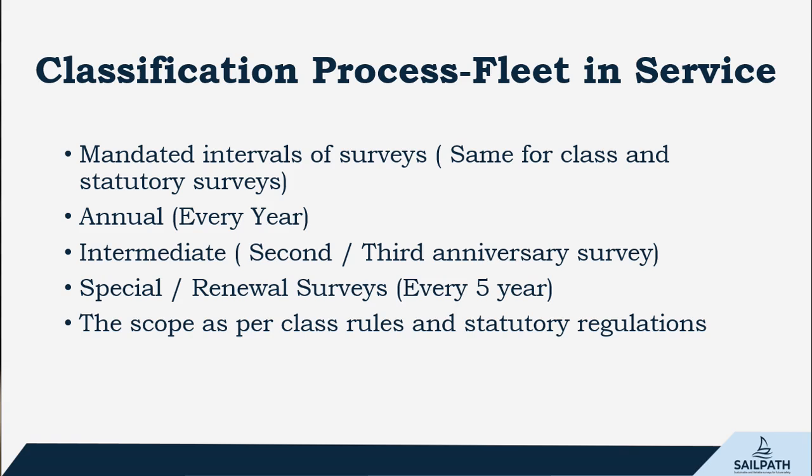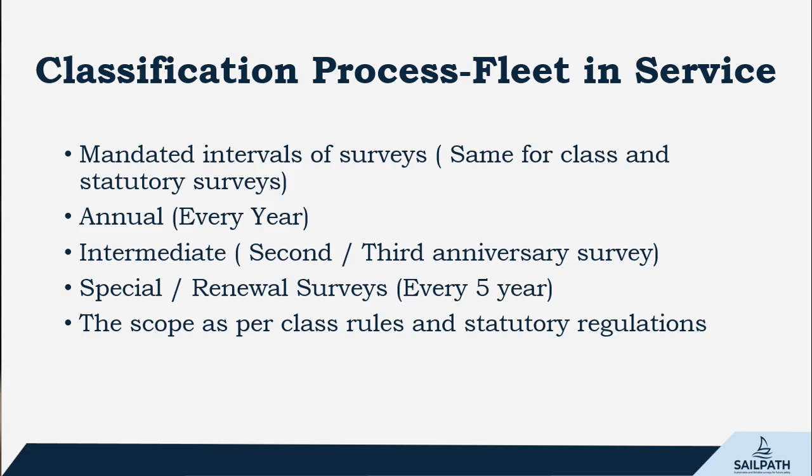While in the case of fleet in service, the certification process is a little bit different. There will be no extensive survey as in new building, but during the service life of the ship, the ship is subjected to inspection at mandated intervals by the appointed classification society to ensure continued compliance with both class and statutory requirements.